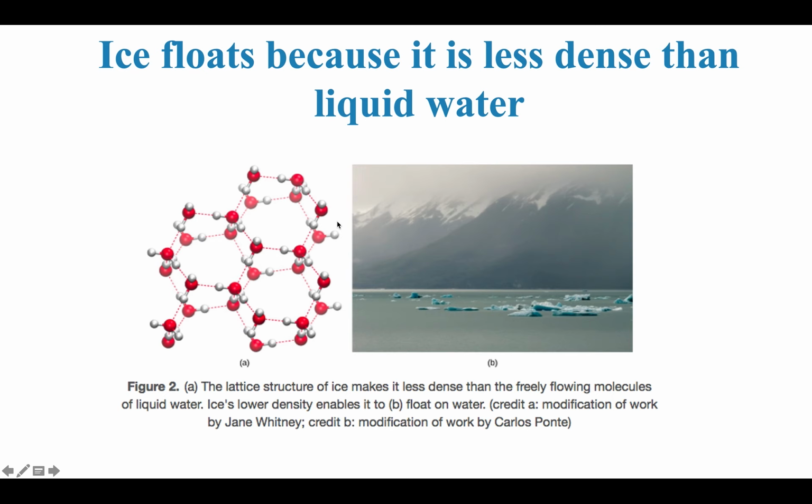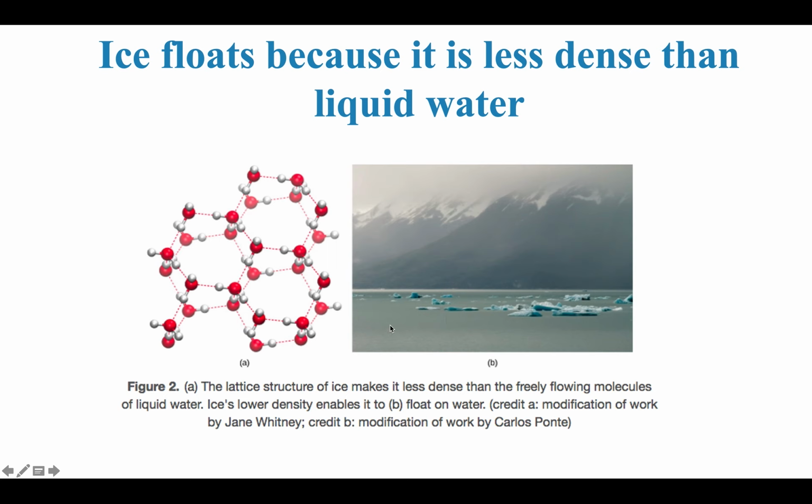So not only do they make crystals, these crystals, because they have a lower density compared to liquid water, tend to stay on the top, like in here. And this is important for life, because in areas of the world which are really cold, the top level of the oceans and lakes freeze.